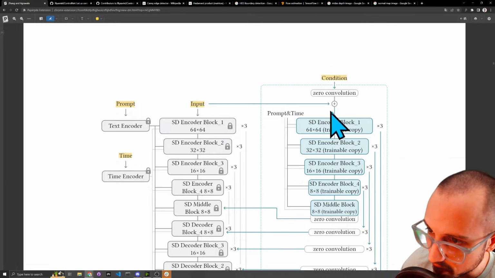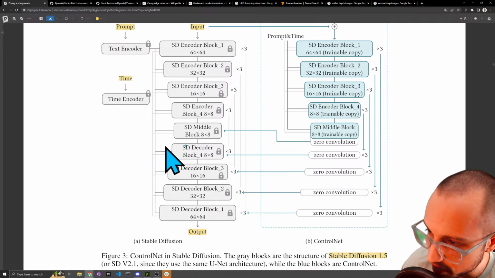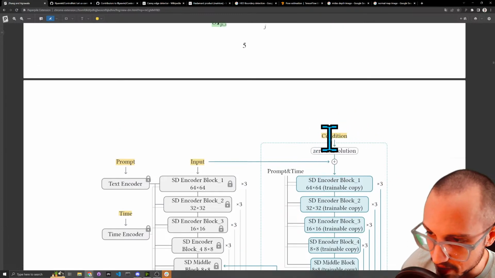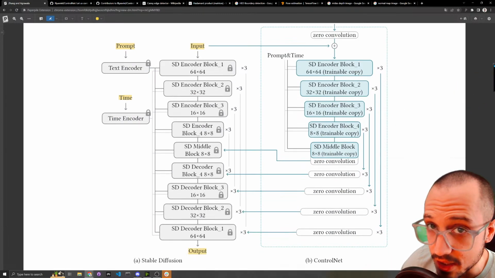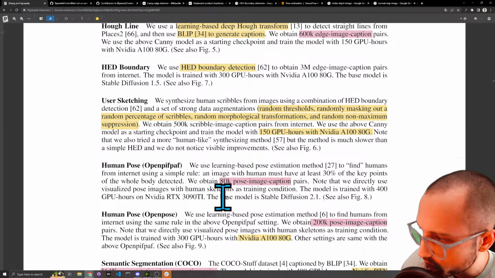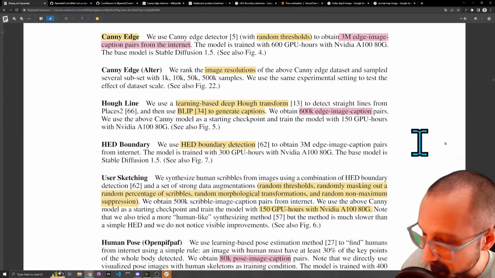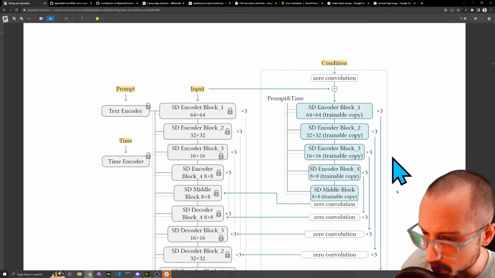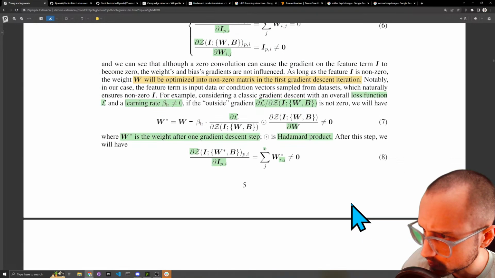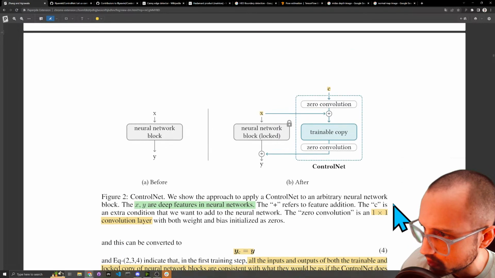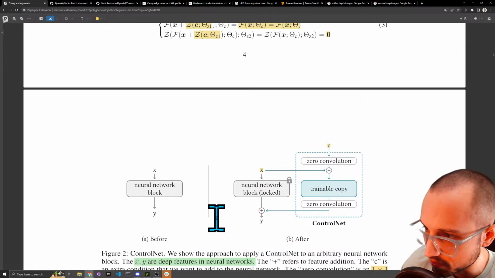As long as the dimensionality of this matches the dimensionality here, as long as all these dimensions match and the tensors are the same size so that you can add them together, you can put anything in here. They add segmentation, poses, sketches, different types of edge detectors. So sky's the limit, and I imagine that people will probably combine these. They'll probably have multiple conditions, maybe multiple control nets. But yeah, that's the basic idea.